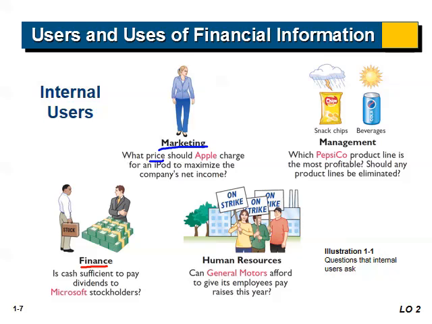Well, pricing, you have to know how much it costs to figure out how much you should charge a customer. Where do you get that information? From the accounting system. And then management of the company will ask, which PepsiCo product line is most profitable? Are they making more on their snack chips, which would be like Lay's potato chips, or their beverages, which would be Pepsi, for example? And should they eliminate any of the product lines?